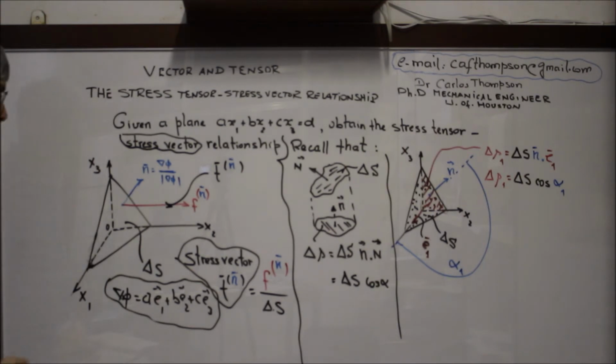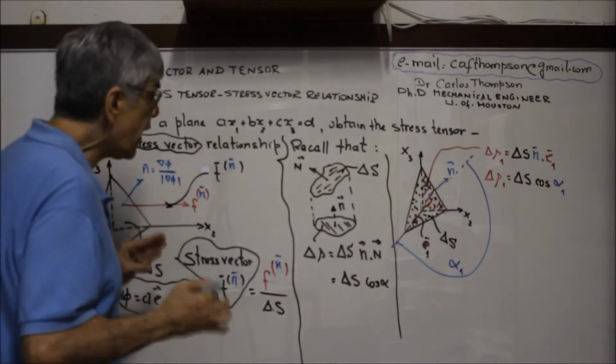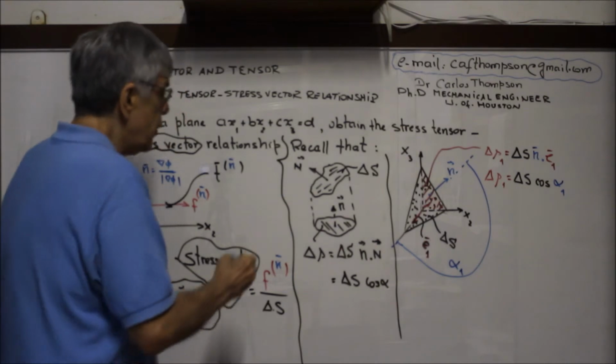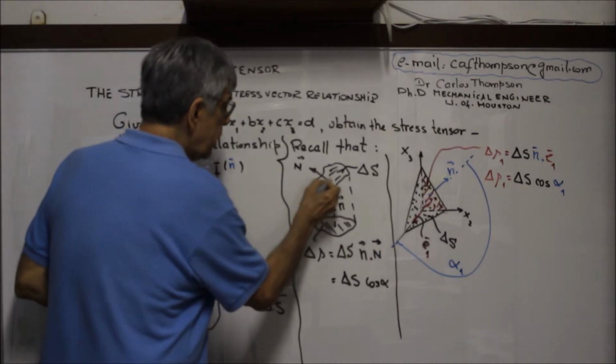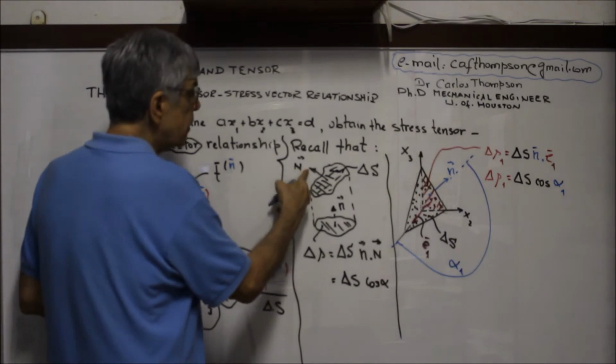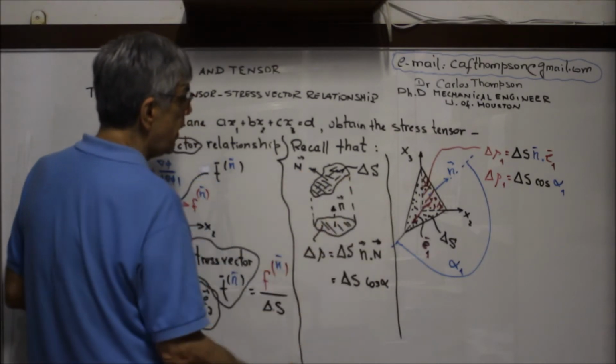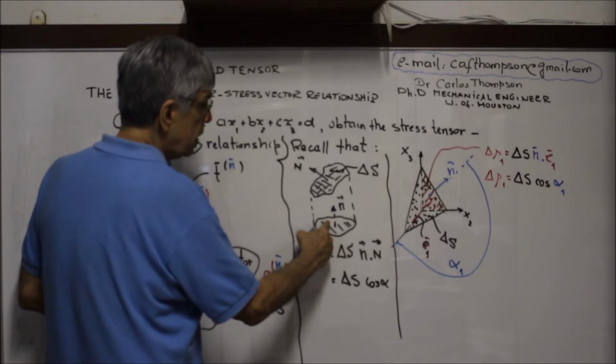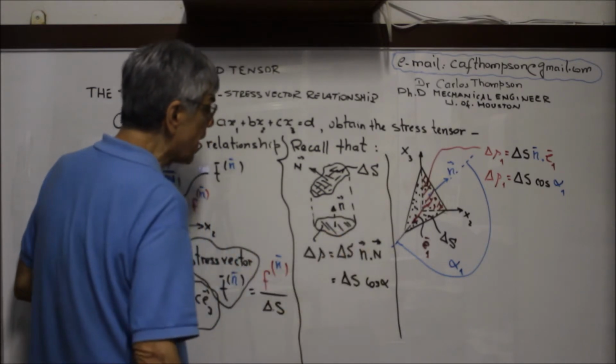Now, recall that we already did that. You have an area delta S, and capital N is a normal to this delta S, and n is a normal to this projected area.